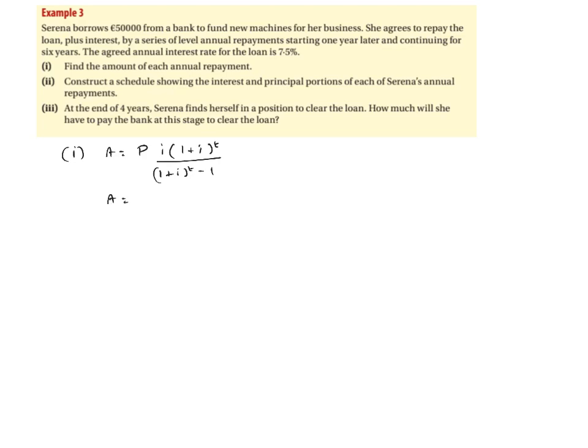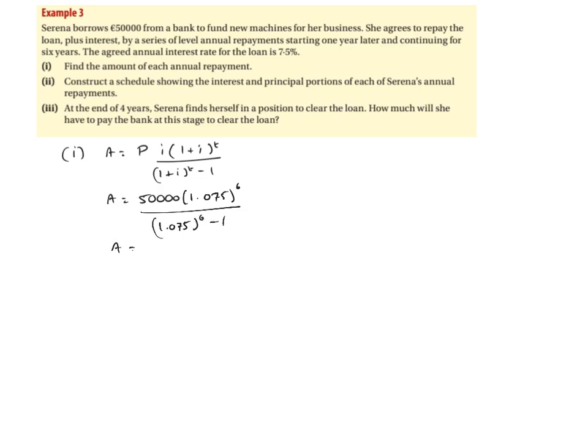So A is equal to our P, that's what she's borrowing, 50,000, that's the principal. We have 1 plus I, so that's 1 plus 0.075, and do that in our heads, 1.075 to the power of T, which in this case is 6 years, all over 1.075 to the power of 6 minus 1.